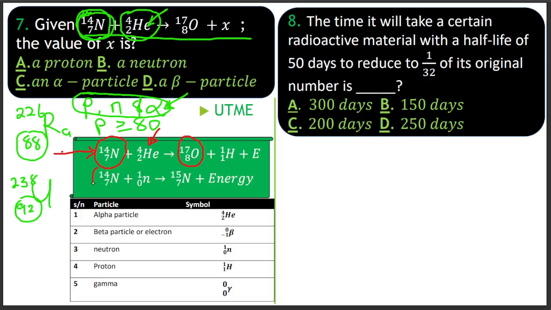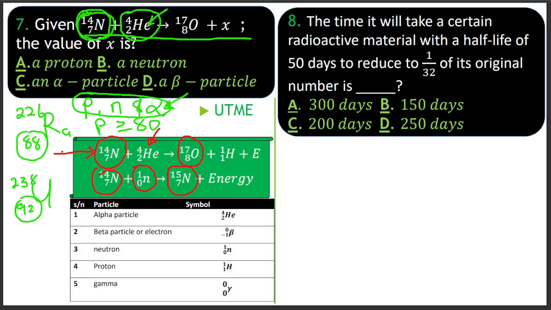But here, you notice that the parent atom is the same as the daughter atom, just that the mass numbers are different, but the atomic numbers are the same. So anytime the neutron is involved, you get a radioisotope. Anytime you use the neutron as a bombarding projectile, you get a radioisotope.